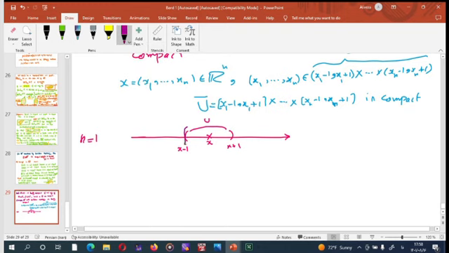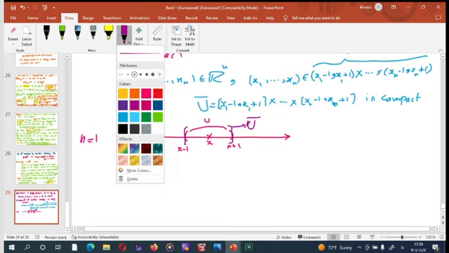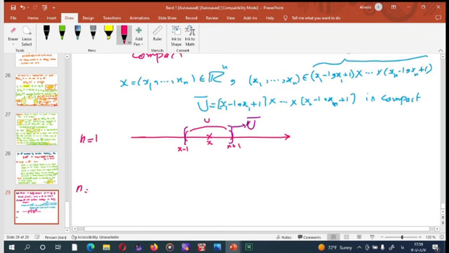Okay, this is U bar, the closure of U, and we know that U bar is compact because it is closed and bounded. And in other dimensions we can consider a similar method.